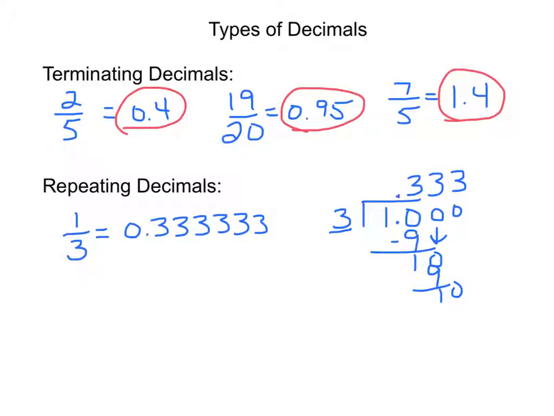You would see that this continues and goes on forever and ever and does not stop. So we call that a repeating decimal. Rather than writing all these 3's, there's another way to write this. If I have the fraction 1/3, instead I would write 0.3 with a line over the 3, and that means that that 3 just repeats.